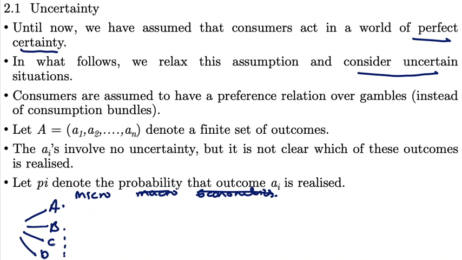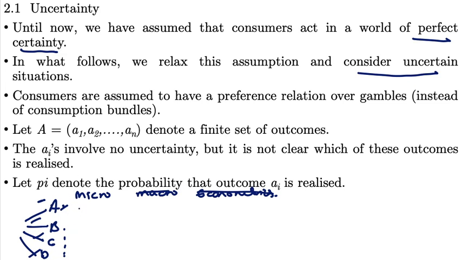Same goes to C, same goes to D. So taking micro here is actually like gambling, because you're not certain about the realization of the outcome. You are certain about the possible outcomes, because you know that all of these outcomes are possible, but you are not certain about its realization, whether you can get A, B, C, or D. So all of these in terms of realization are not certain.